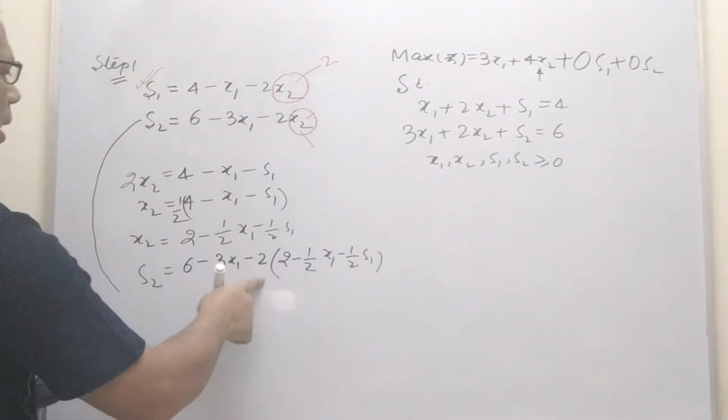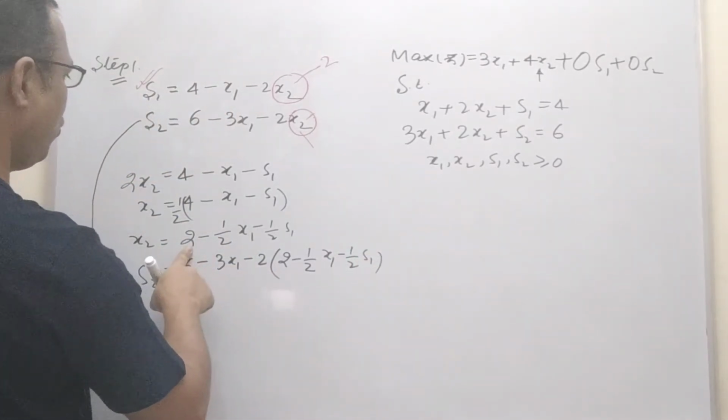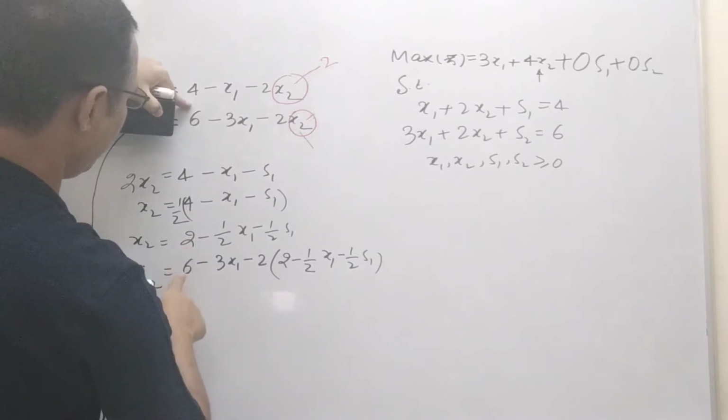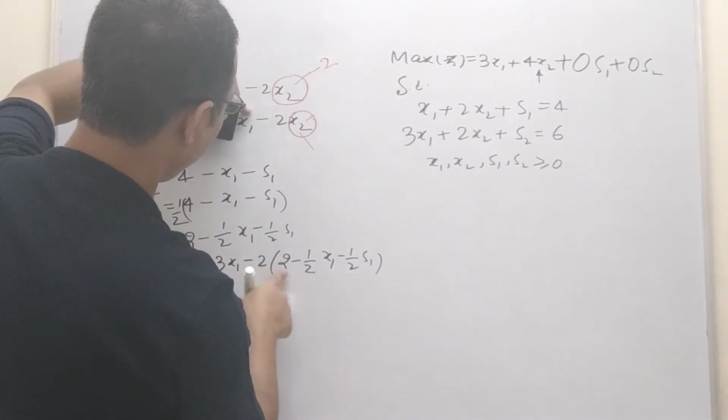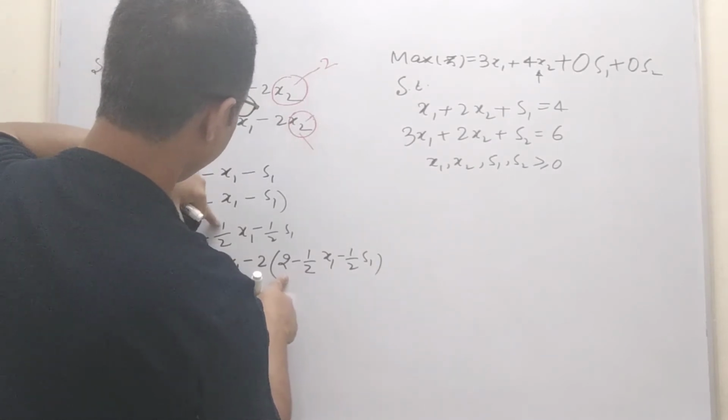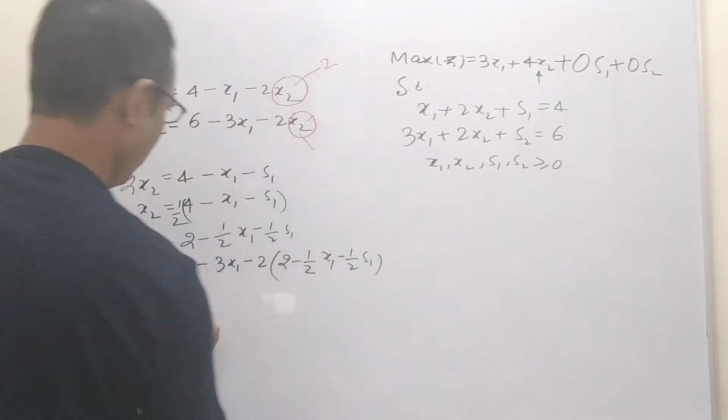So here we are going to replace this x2 in this s2. So 6 minus 3x1, x1 copied, minus 2 into the x2 value from here, 2 minus 1 by 2 x1 minus 1 by 2 s1.